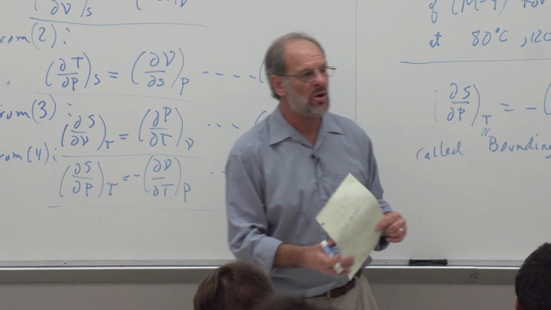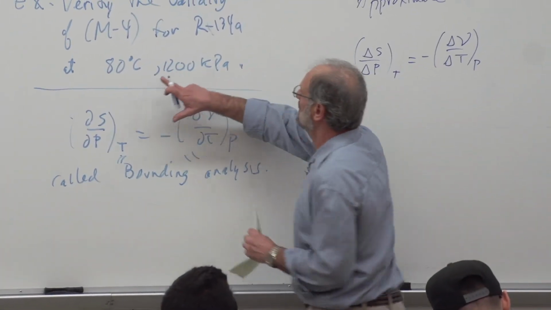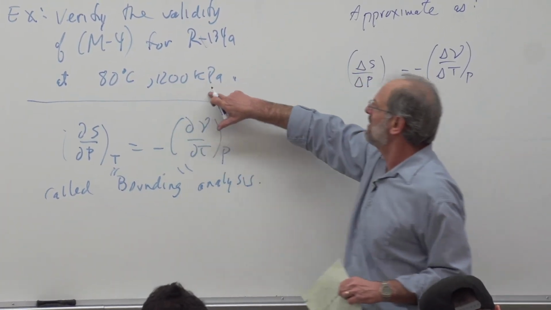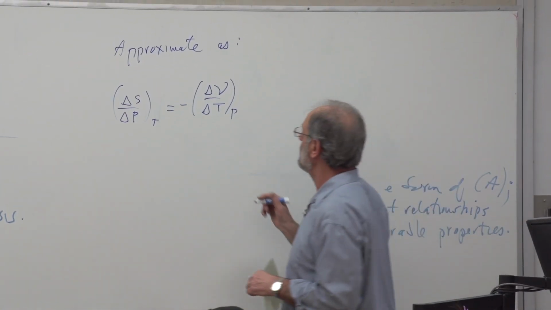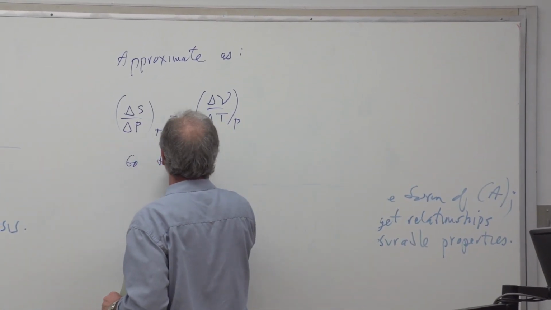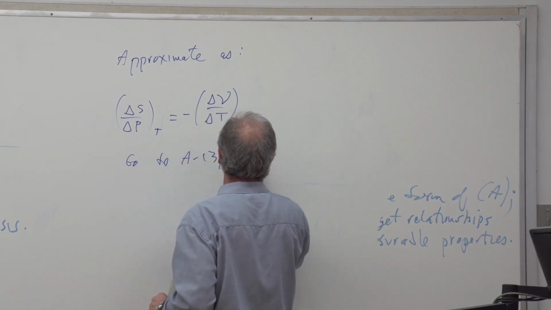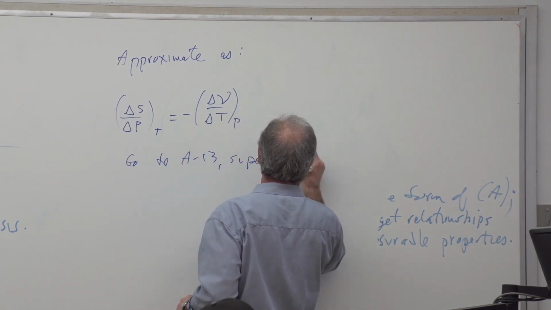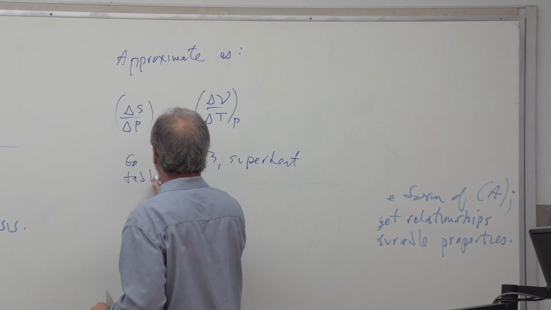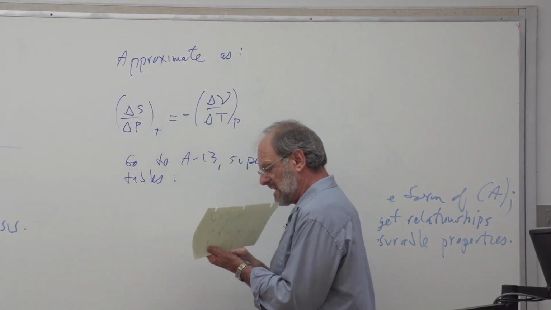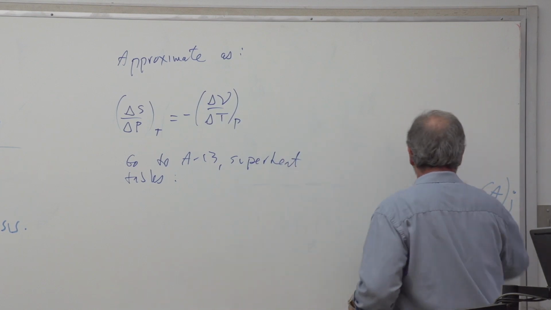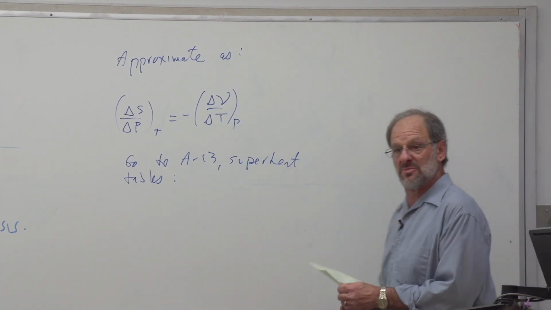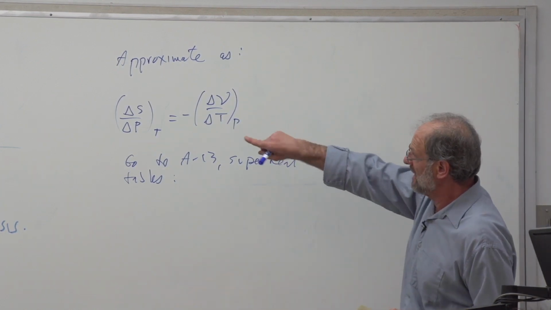Okay. Now we know that at 80 degrees C, 1200 kilopascals for this refrigerant, this is actually going to be in the superheat region. So go to A13, which is your superheat tables. And basically what you're going to do is you're going to read the data that bounds this particular data point.